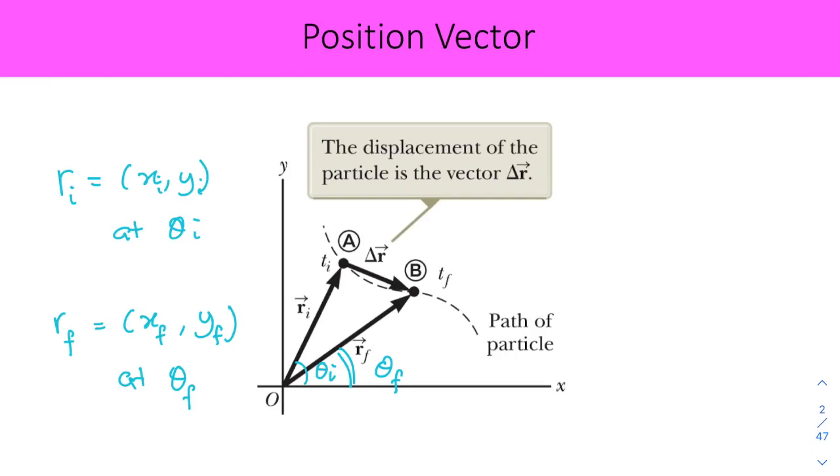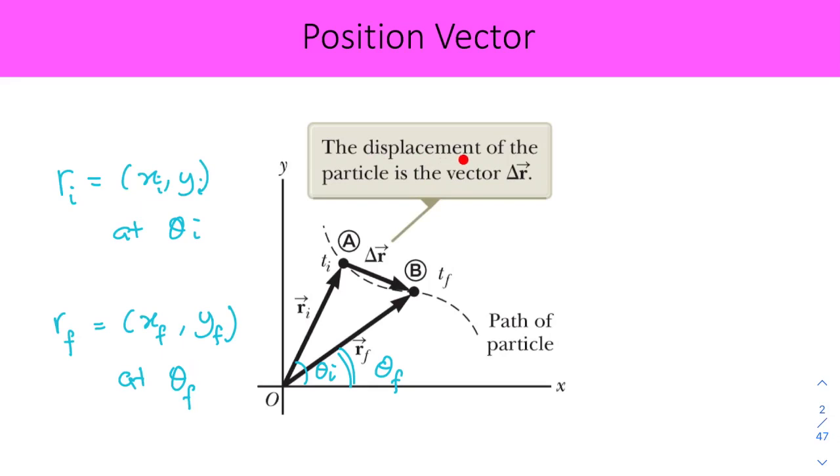So when you talk about position and you want to figure out the delta R, the change in position, or in this case the position vector, it gives you the information of the displacement.